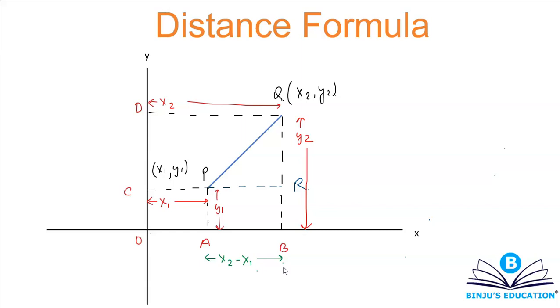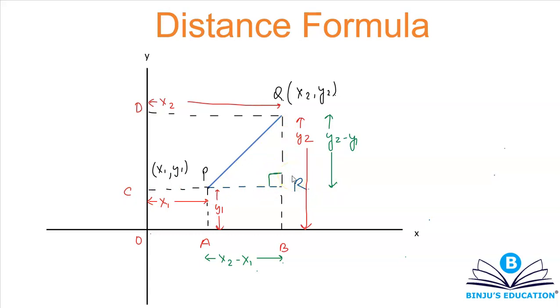QB is y2, PA is y1. So QR is y2 minus y1. Now all lines are straight lines, so QB is going to be a vertical line, CR is a horizontal line, so this angle would be 90 degrees.